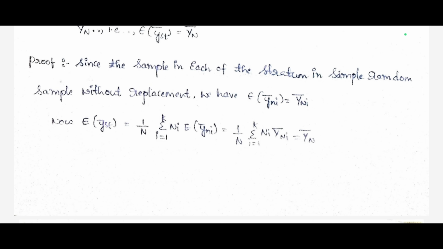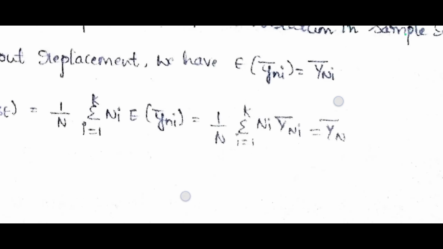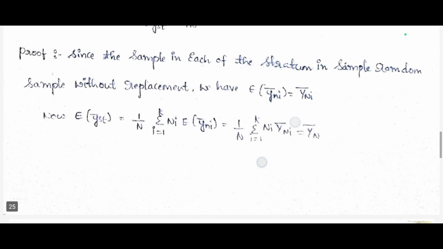Both N values get cancelled, and if you substitute the expected value of y bar of n there, then it is capital Y bar of N. Simply, we have the notation and terminology in our case.